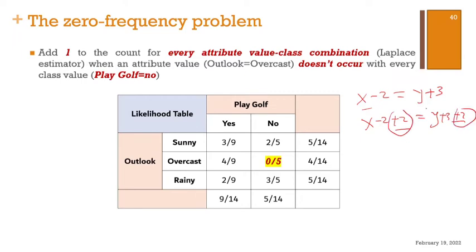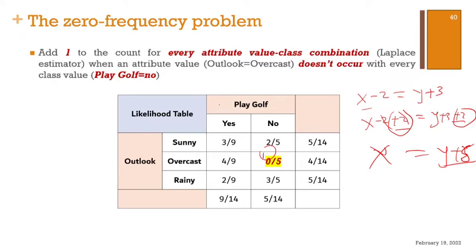We're just adding the same thing to both sides, which means we're going to have x is equal to y plus 5. In a similar vein, we cannot just add 1 to this zero frequency. So we have to add 1 to everybody. You have to add 1 to all other frequency values, otherwise it will not be okay. So we add 1 to everybody.